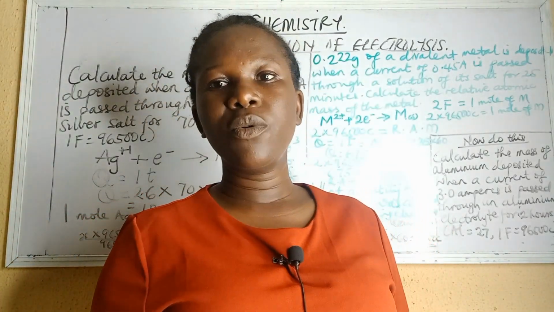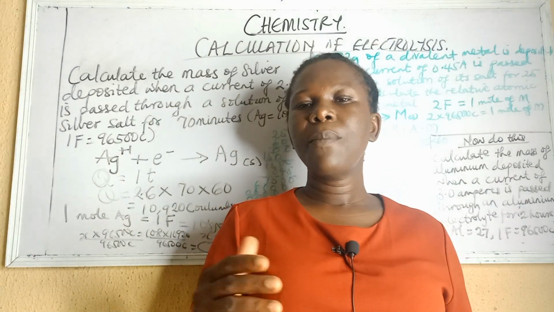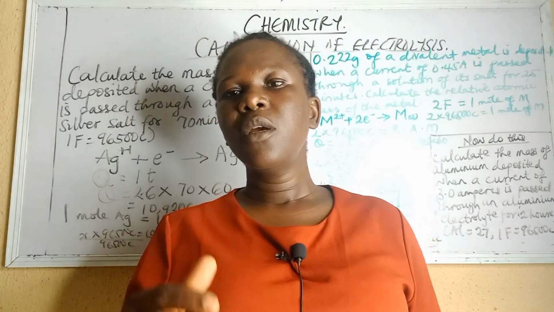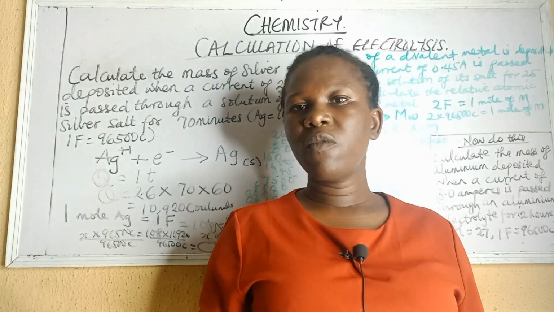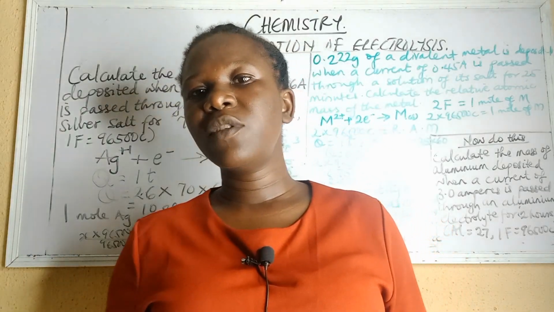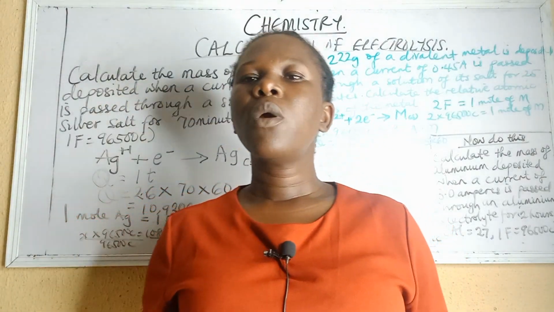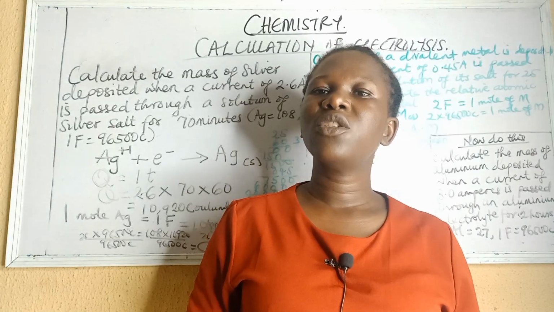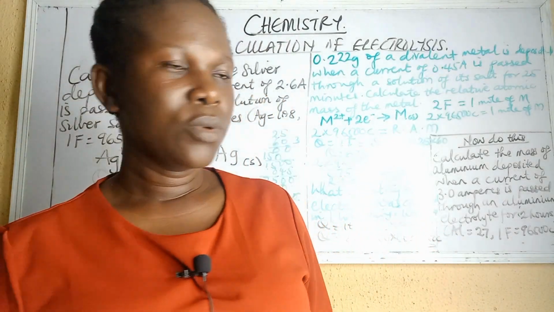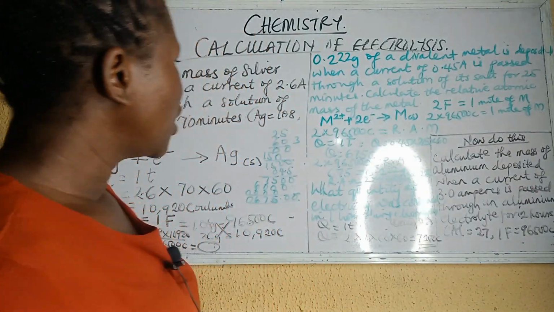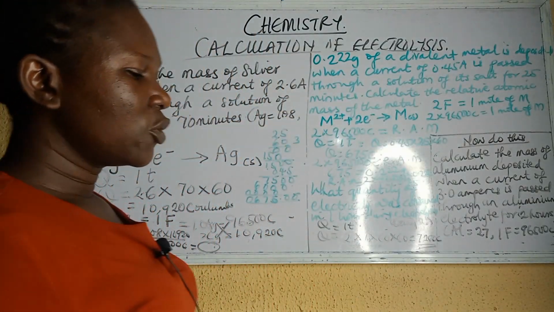If we are dealing with chlorine, for instance, by the time we balance the equation of reaction, 2 moles of electrons, which is 2 times 96500 coulombs, will liberate 1 mole of chlorine, which is Cl2, that is 35.5 multiplied by 2, which is 71 gram. So we should be careful when dealing with questions like this.